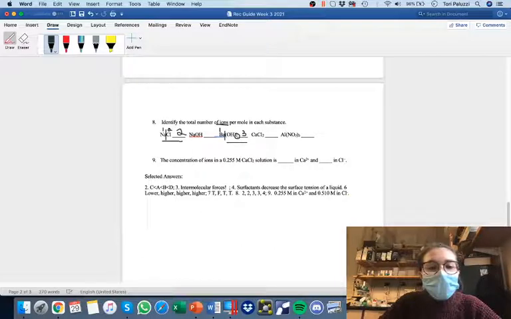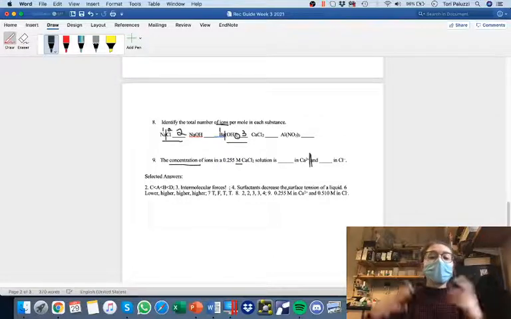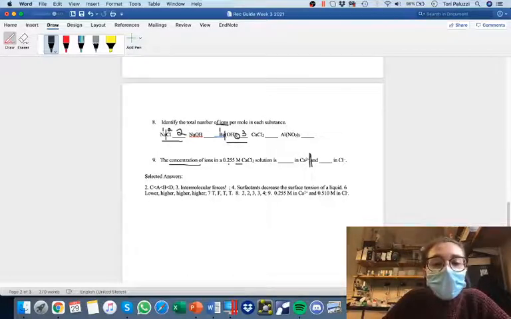All right, and then finally, we're going to do half of this equation. We're going to do the Ca2+ part now. When I think of the concentration of ions in a 0.255 molar calcium chloride solution, what's the molarity, or the concentration? Because remember, molarity is concentration. These are basically synonymous. In Ca2+ and Cl-. So again, since we're finding out moles per liter, pretty good for me to write that 0.255 moles per liter is exactly what we're talking about when we talk about molarity.